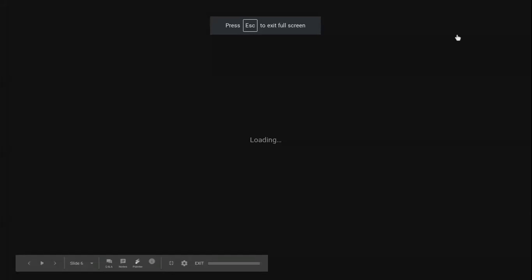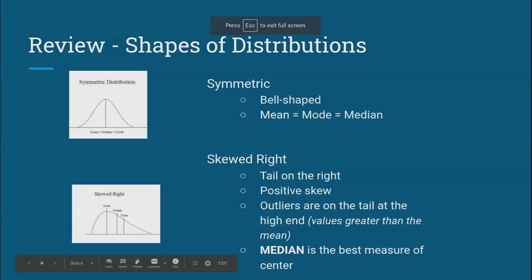When we talk about the shapes of distributions, here's a symmetric distribution. Again, like I said, it looks like a bell. In this instance, the mean, the mode, and the median are the same measure because the left side looks like the right side.